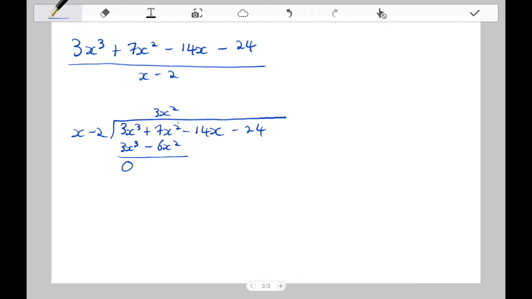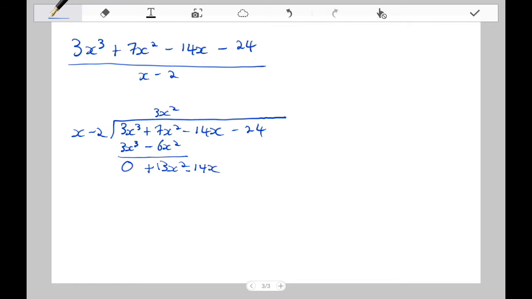Then we have 7x squared minus 6x squared. So that's the same as 7x squared plus 6x squared, which would be 13x squared. Perfect. Now what we do is we bring this next term here, this minus 14x, down, and we say minus 14x.